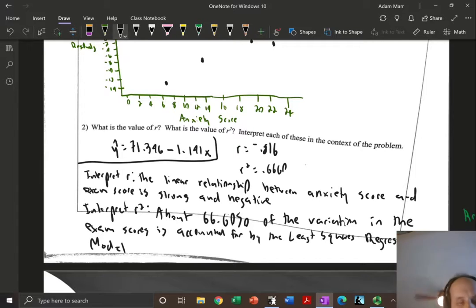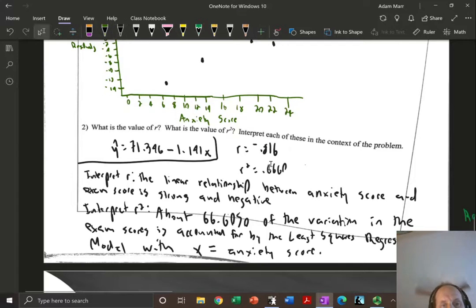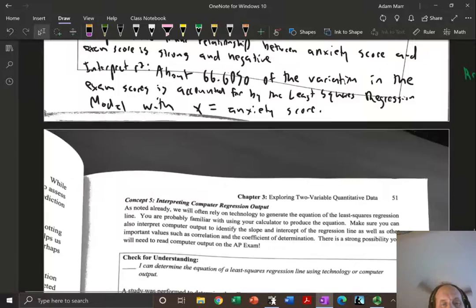Or you can say line, fine, but actually it's accounted for by the least squares regression model with X equals anxiety score. That's it. About 66.60% of the variation in the exam score is accounted for by the least squares regression model with X equals anxiety score. All right, we got that there.